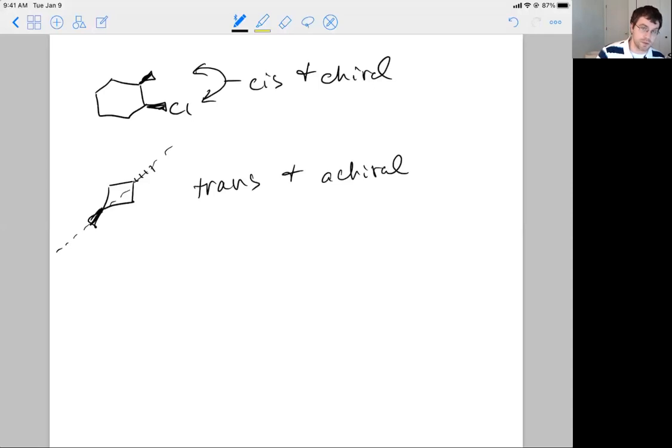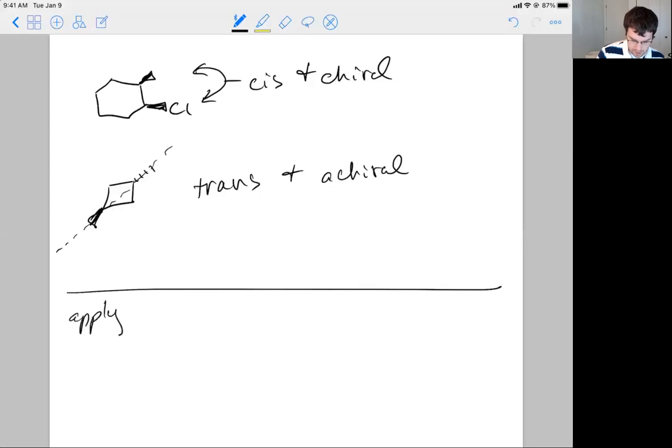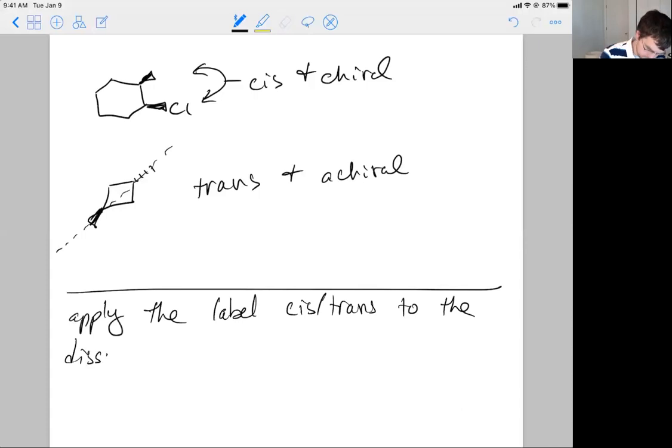What I want you to do is be able to look at a molecule, and if I said, okay, the two stereocenters, or the two groups drawn as wedges and dashes, are they cis to each other or trans to each other? Let's look at some examples. So apply the label cis/trans to the di-substituted molecules below.